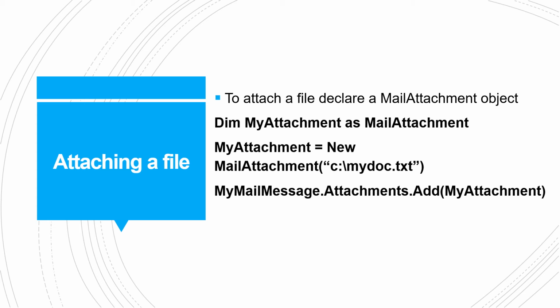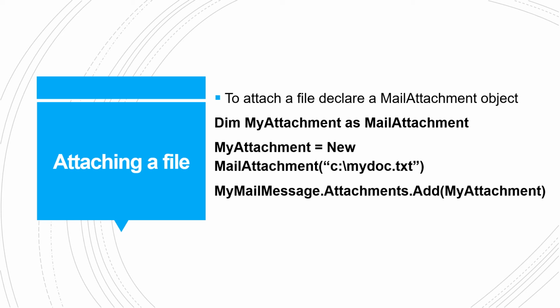This collection provides a way for you to add files that you want attached to the email message. To do that, you need to declare a mail attachment object: Dim myAttachment as MailAttachment.